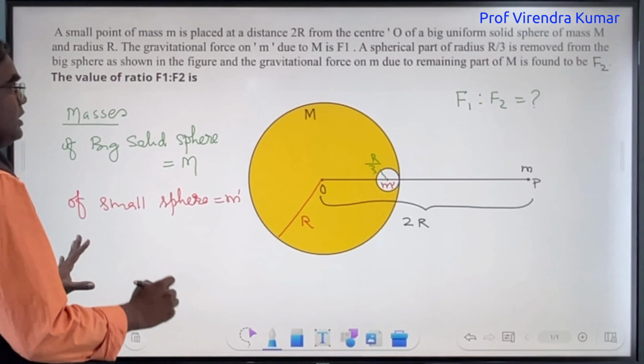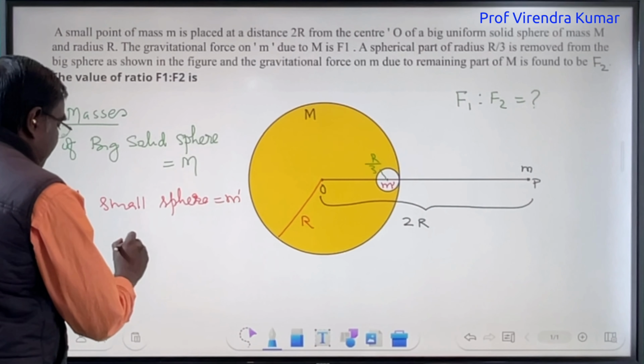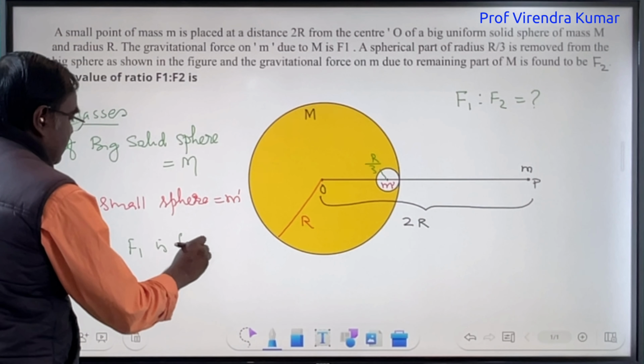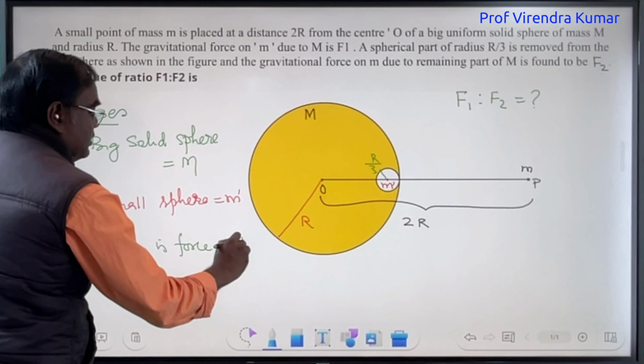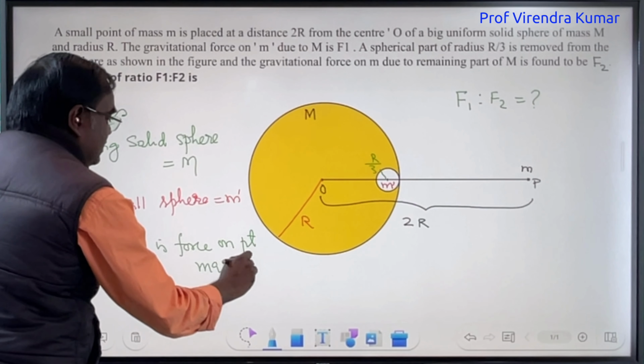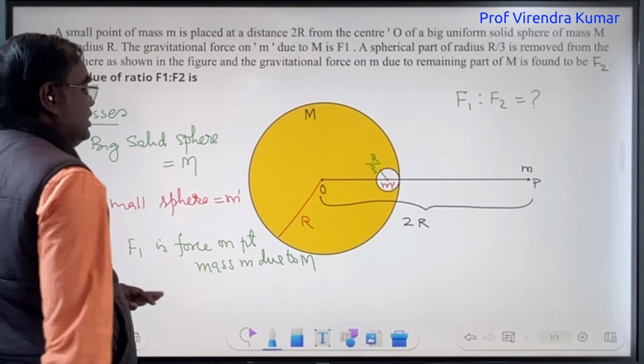And another thing given is that F1 is the force on point mass m due to the capital M solid sphere.